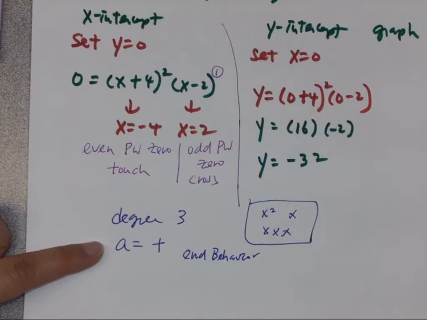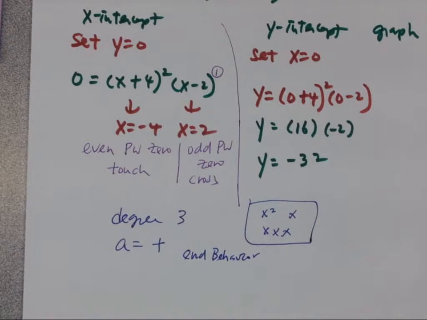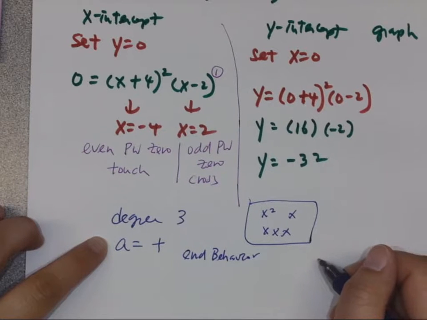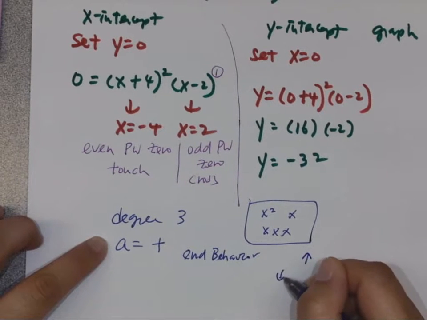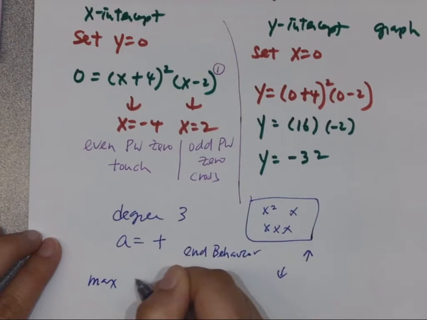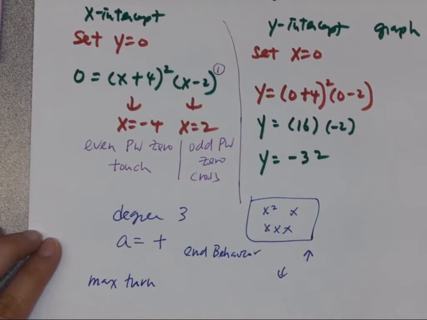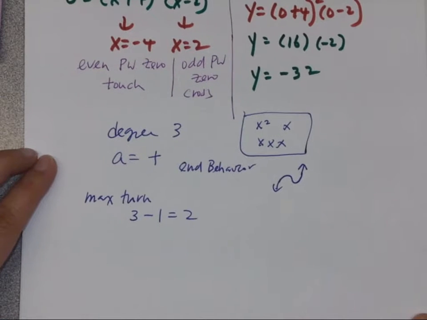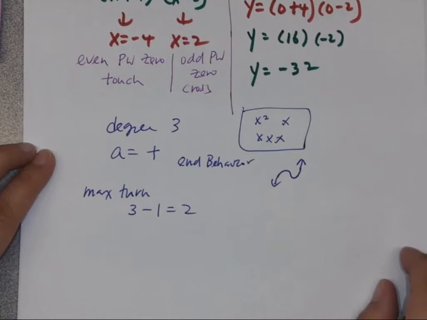Remember the x cubed, how does it look normally? It's an S-curve, with a positive, which side up? Right side up, left side down like this, right? What is the maximum turn with degree 3? So maximum turn is going to be degree 3 subtracting 1 is 2. So like this, right? Okay, so when we are done, it should kind of look like that.